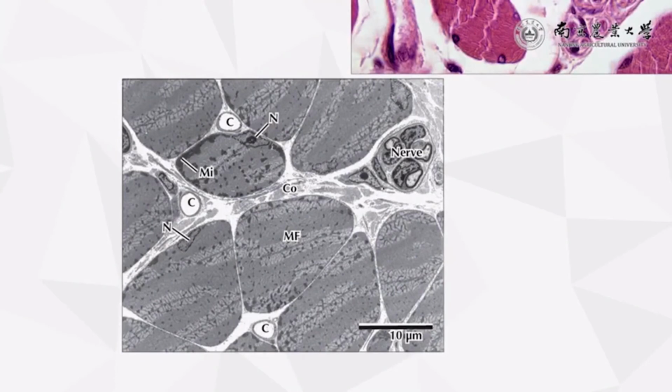Nuclei of satellite cells are not visible in conventional hematoxylin and eosin sections, but they lie between the sarcolemma and the thin external lamina. Nerve fascicles of various sizes and capillaries abound in the surrounding endomysium.